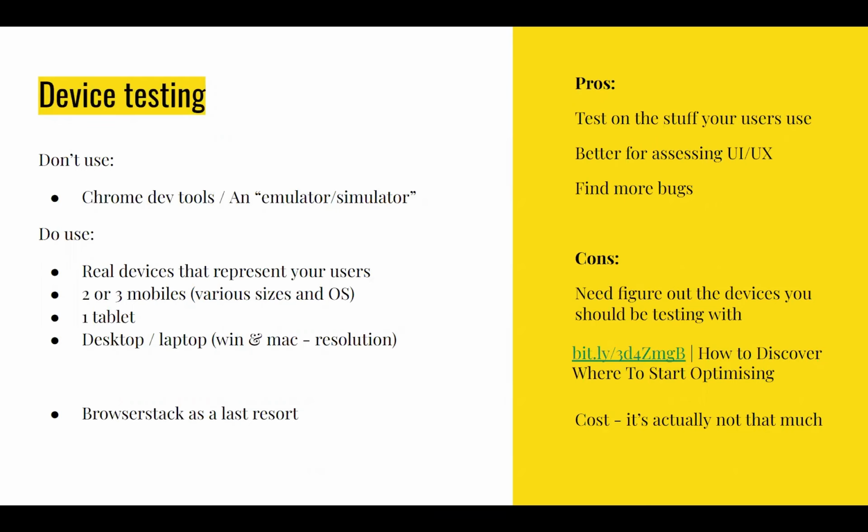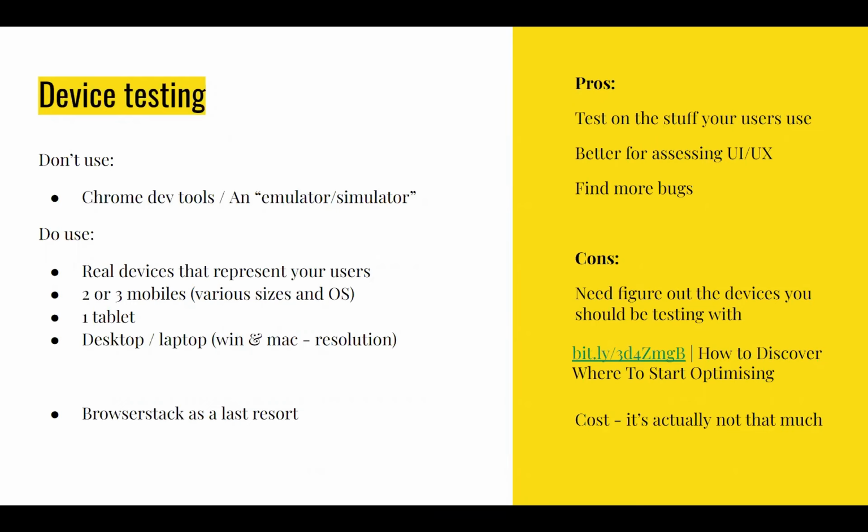This is usually 2 or 3 different mobiles of various sizes and operating systems, 1 tablet, and a desktop running Windows and Mac, and can run at different resolutions. You can use BrowserStack, but I would see this as a last resort over a physical device. And once you start testing with the physical device, you'll see what a difference it makes.